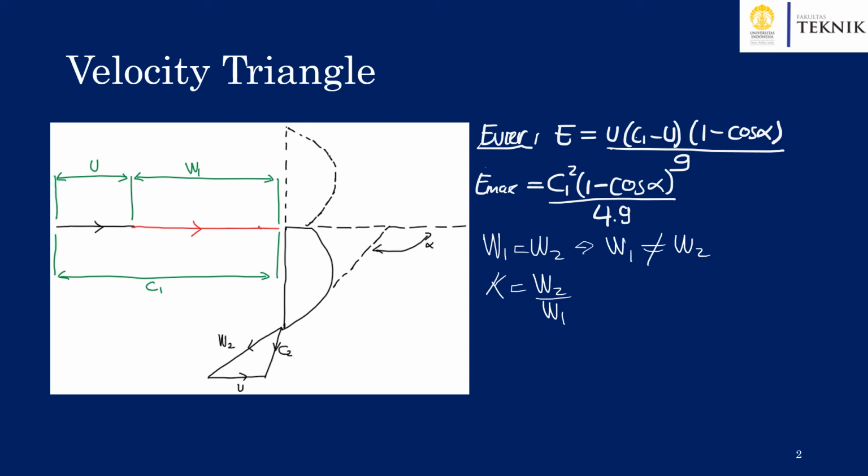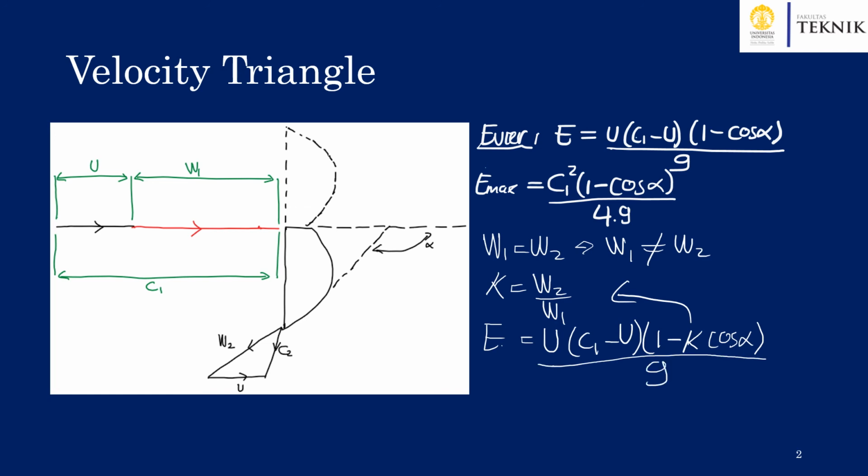Therefore, this changes the Euler equation, and the actual Euler equation is E equal to U multiplied with C1 minus U multiplied with 1 minus K, the ratio, multiplied with cosine of alpha, and we divide it all by gravity.